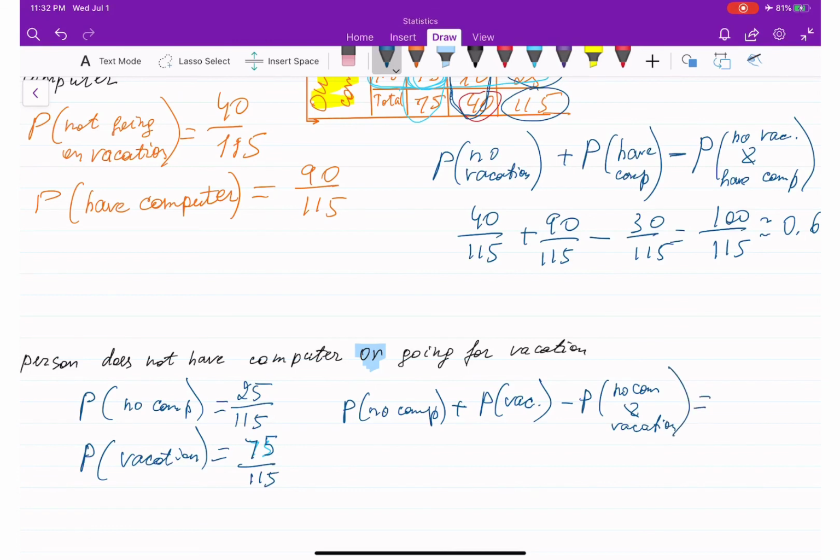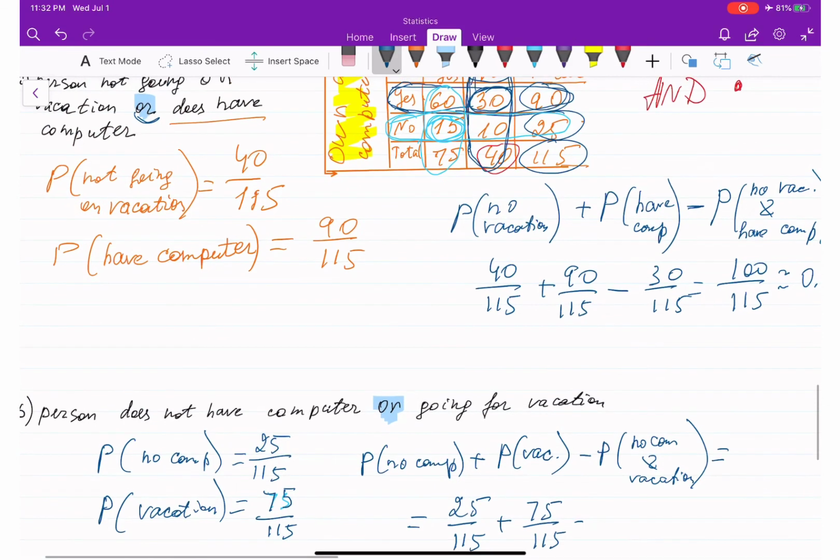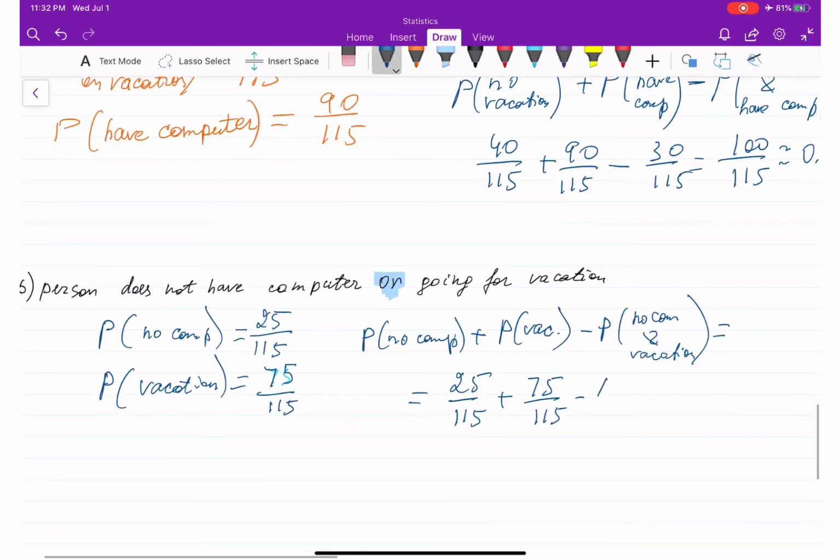So that is going to be equal. No computer will be 25 over 115 plus the probability of vacation, which is 75 over 115. And the intersection, the overlapping, is 15 over 115.